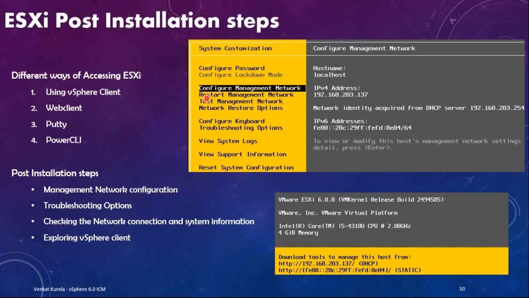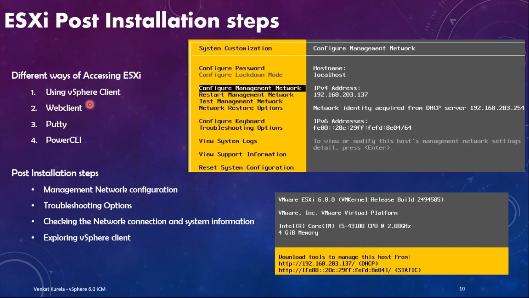You see here, it shows different ways of accessing your ESXi server. You can use your vSphere client. I don't have to tell you what exactly the vSphere client is. It is a C# based desktop application. This is an exe file that you need to download on your machine and install. Once you install it, it'll prompt you for the host name or IP address and the credentials. That way you can do it.